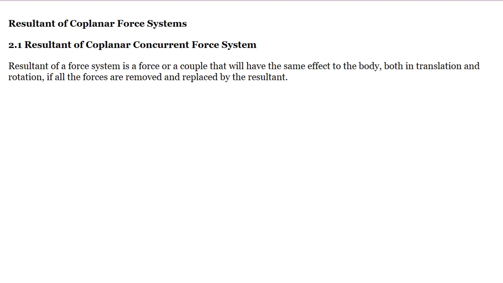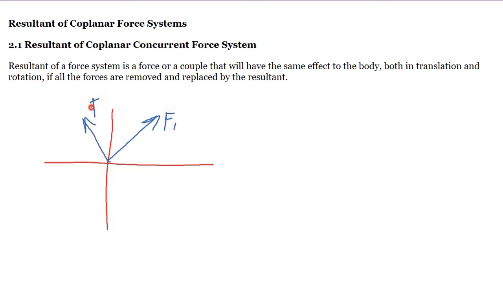So, if we have, for example, meron tayong mga forces dito, force 1, let's say we have here force 2, and we have here force 3. This is just a sample.